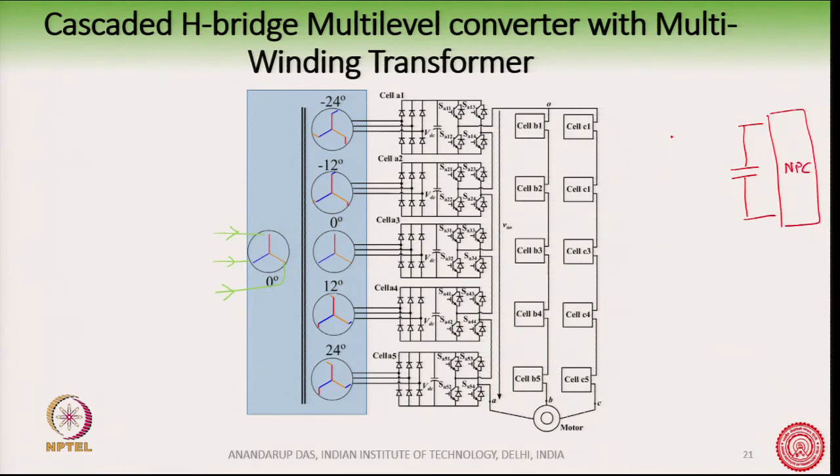So, we can make a star delta transformer, okay, with rectifiers, and make a connection like this, such that the input current, this current here, has substantially lower harmonics. Okay. This is possible.